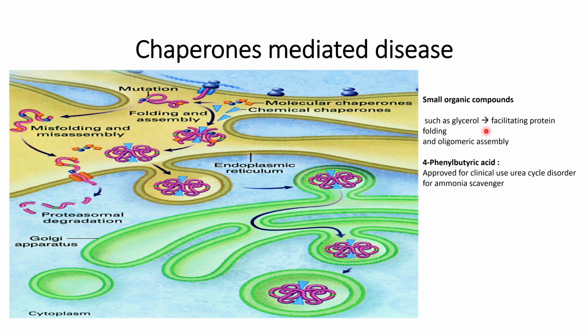One of the compounds is known as glycerol. What has been found is that glycerol helps in facilitating protein folding and oligomeric assembly. That is, it helps the proteins to acquire the native structure and also the native sugar or carbohydrate sequence afterwards. This has been tested for the gene that is responsible for cystic fibrosis.